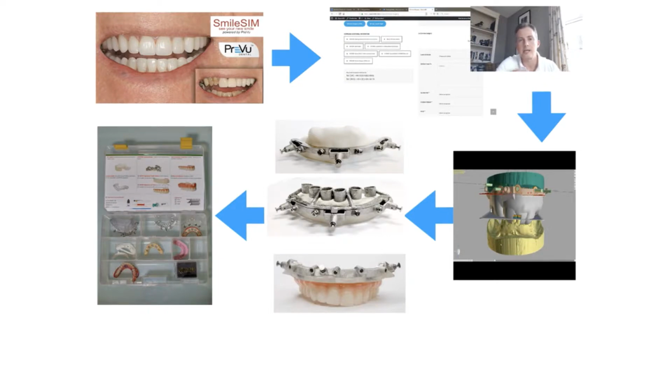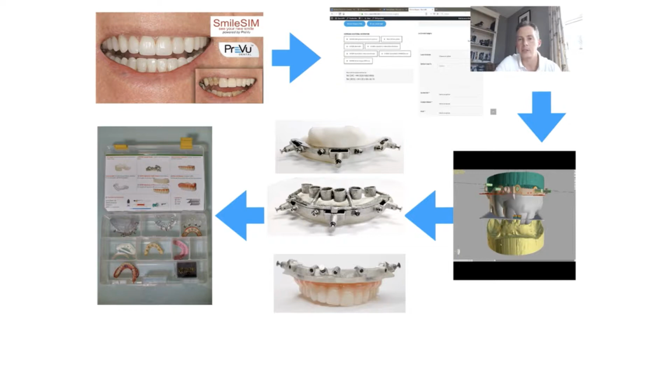So we can help right at that initial point, letting you know if you have a case, what you need to do to make that case go live, so to speak, and whether or not it is suitable for the Chrome workflow. The next part of that is doing the smile simulation, which allows you to communicate with your patient how things are going to look and to start to get that baseline information that's required.